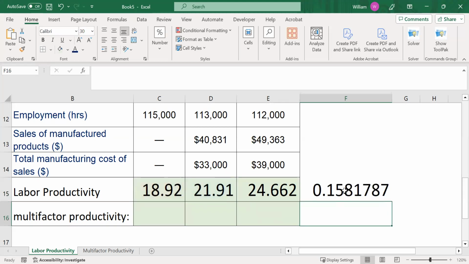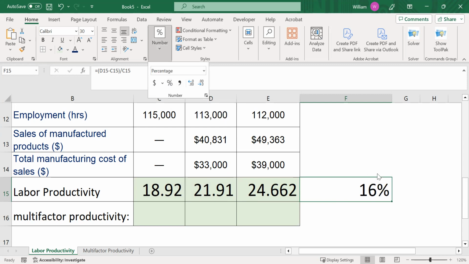Okay, so that gives me a number of 0.15, and I'll change this to a percentage, and it tells me that between 2021 and 2022, our labor productivity improved by 16%.